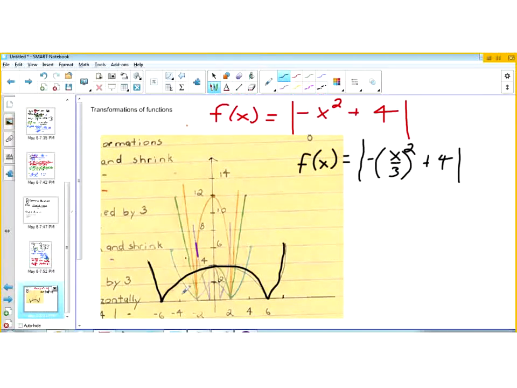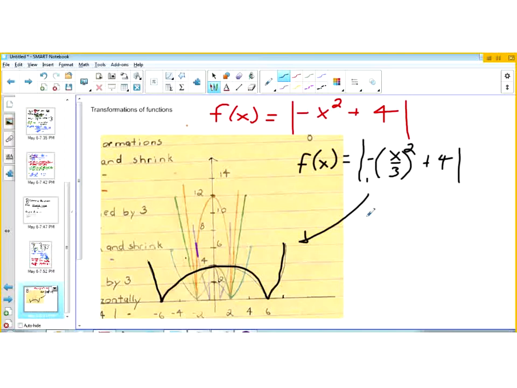All x's are multiplied by 3 here. And in the equation, we divide the x inputs by 3, and the effect is to multiply all the input values by 3. Okay, this is it right here. And so for instance, you can check that.